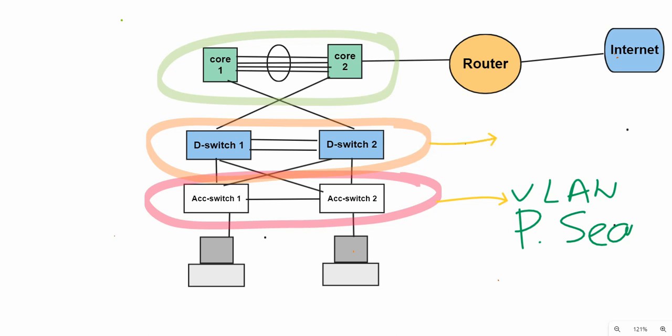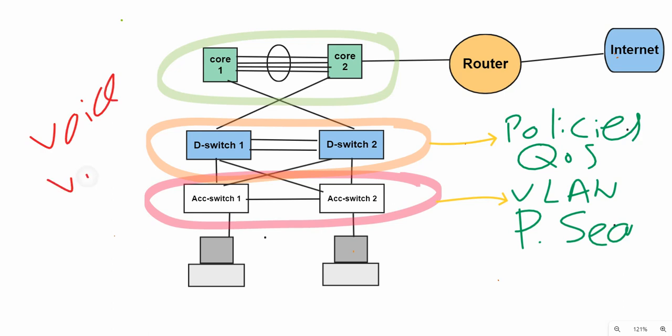And on the distribution layer, this is where we're going to implement policies like quality of service. It's a very important policy. What this quality of service does is provide preference to different types of traffic in the network. For example, let's say voice and video are more important in an organization.